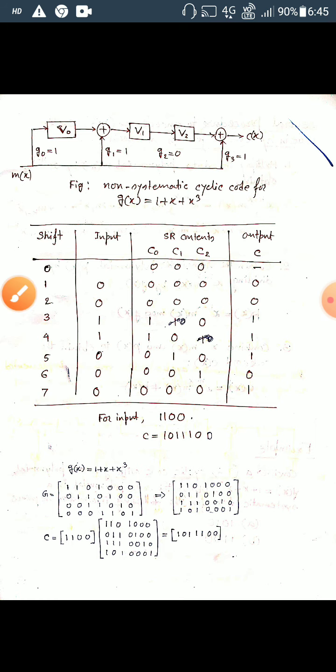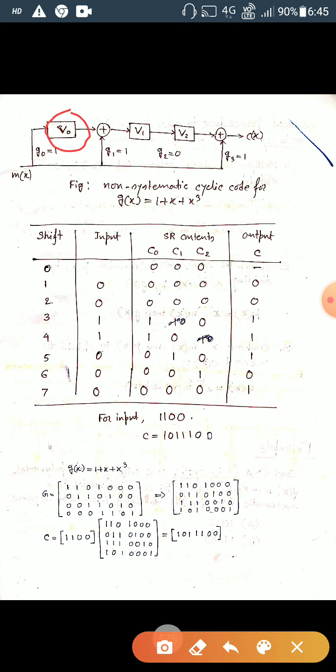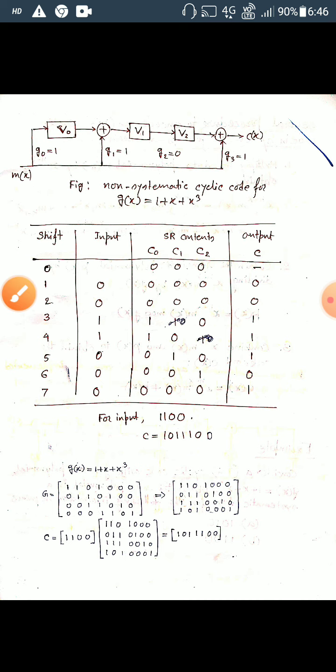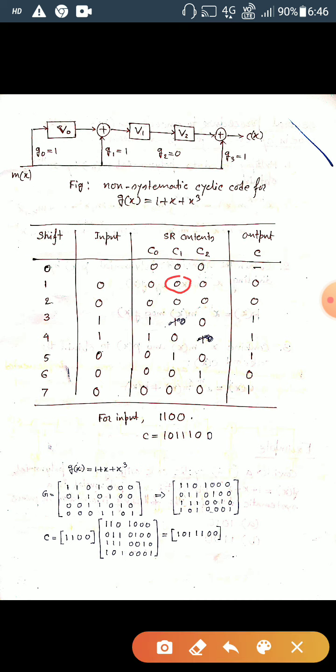So here to get the value of v0, mx directly comes in this position, so v0 will be reflected here. Okay, now if you consider c1, at that time it depends on the output of v0 from the previous state and also g1, so here this will depend on 0. It depends on c0 and also the input.